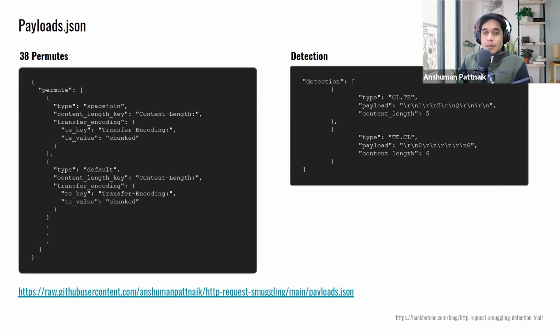To detect this vulnerability more accurately, the tool has built-in payloads with around 38 permutations, as detection payloads for both the CL.TE and TE.CL variants. These permutations are used to trick the backend and front-end servers into processing the content length and transfer encoding headers in different ways, so that we can process the smuggle request. Also, if you find any new permutations, feel free to send a pull request so that I can add it to the payload.json file.